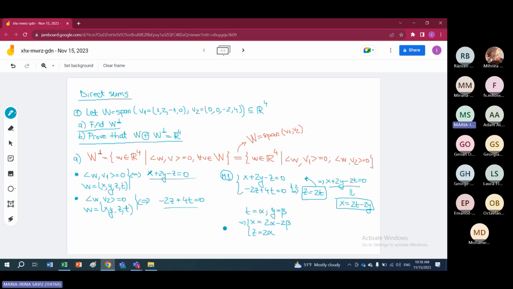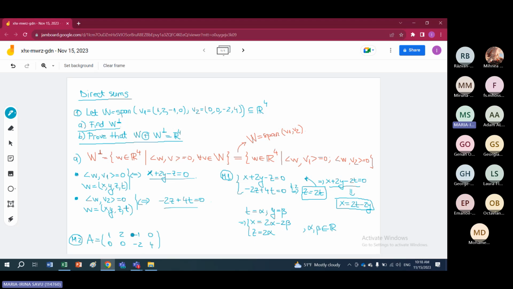We have solved this system directly, and here alpha and beta are in R. And the second method is based on the matrix associated to this system. So in the second method, you write the matrix associated, which is 1, 2, minus 1 and 0, and 0, 0, minus 2 and 4. Actually, it's the matrix containing V1 and V2 on every line.